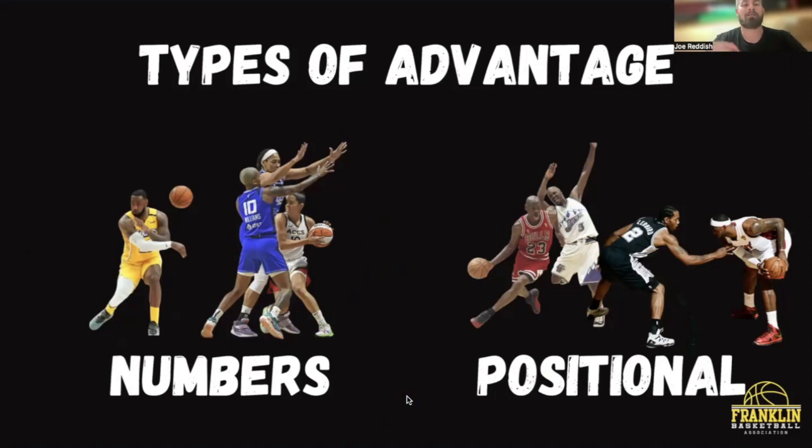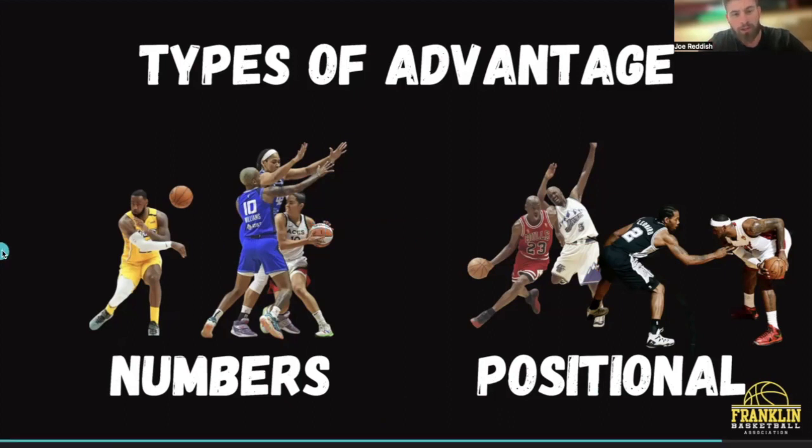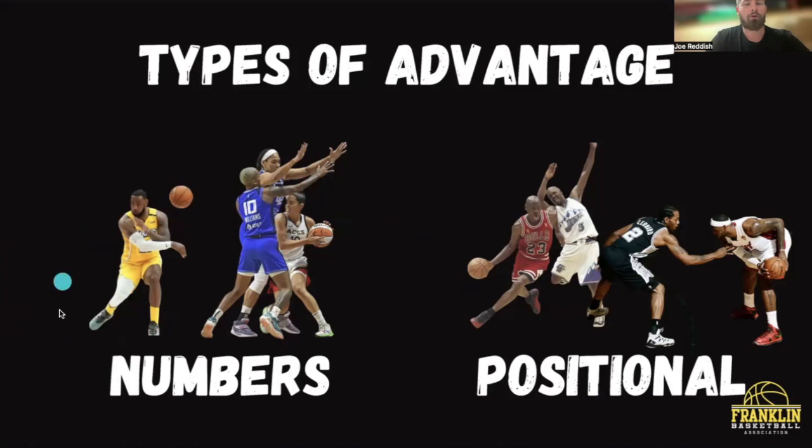But at the same time, there's an offensive advantage that exists. If we're being pressured and we move the ball quickly, we're going to end up having a numbers advantage, because once this ball moves out of her hands, there will be a 4 versus 3 situation. So numbers advantage is one of the types of advantages that exists.